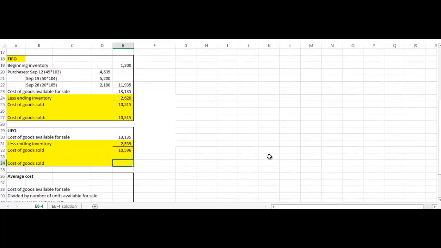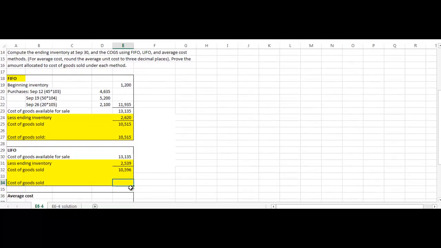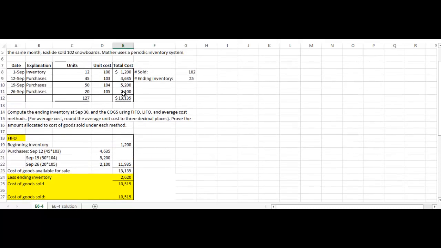Let's independently prove that by calculating cost of goods sold. Last in, first out means we sold 102. We'll pick out the purchases that were most recent, last in, first out. So beginning at the last purchased one, that was 20 at 105. So we can pick that up as the total of the 2,100. Plus, we need at least the 50 for the next tier, so we're going to add up the 5,200.